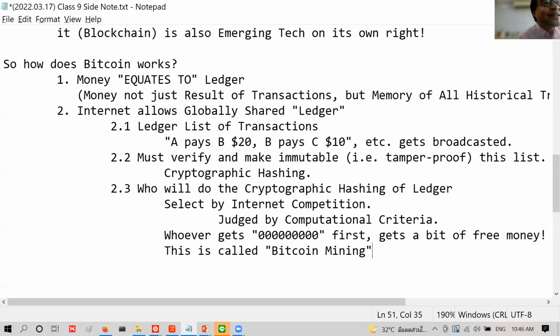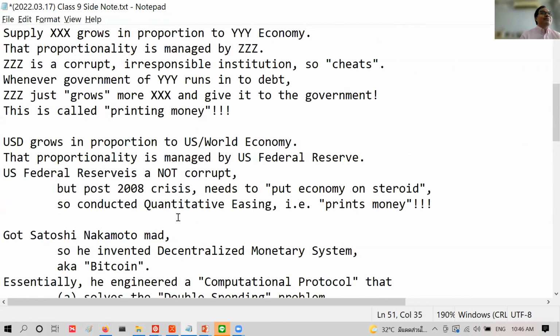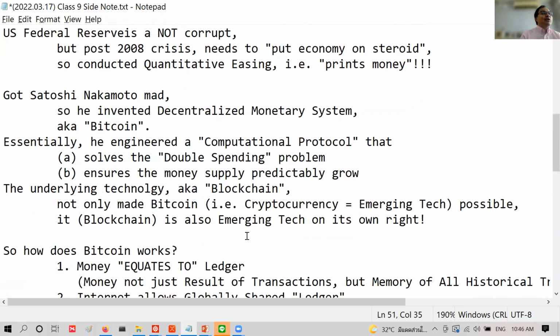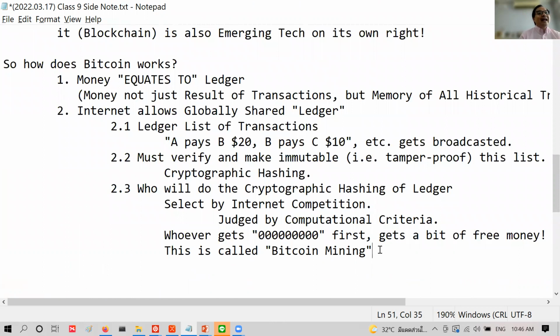Bitcoin mining is actually a byproduct. It's the motivation. This is the genius of Mr. Satoshi Nakamoto. He needs this to happen, but you can't just motivate a gazillion people all over the world to spend a lot of computational wattage and electricity bill to do this, right?